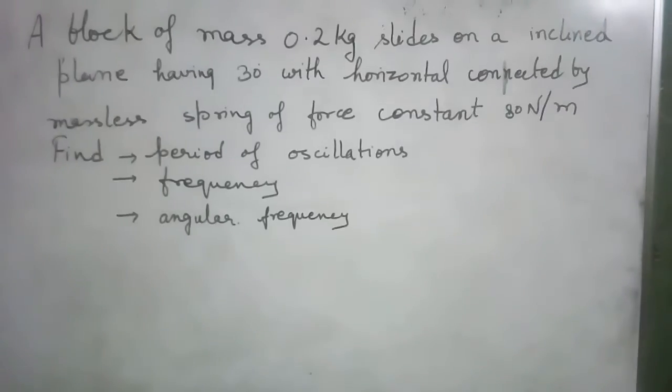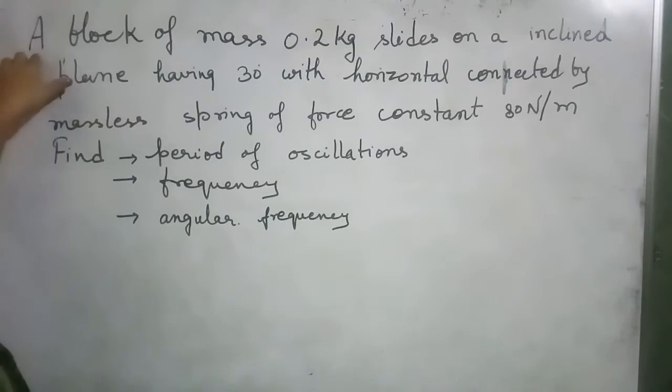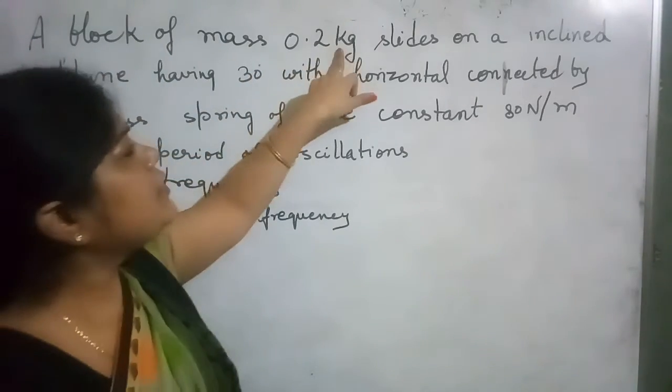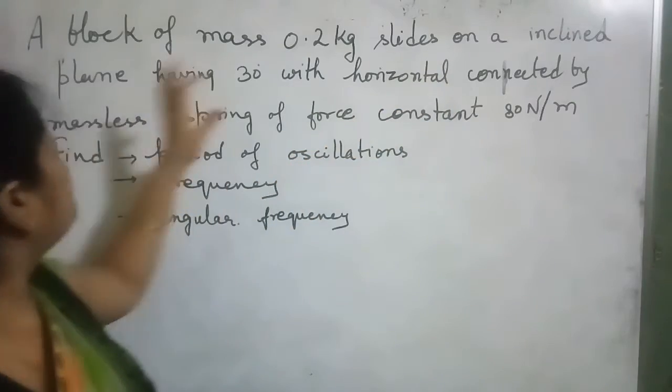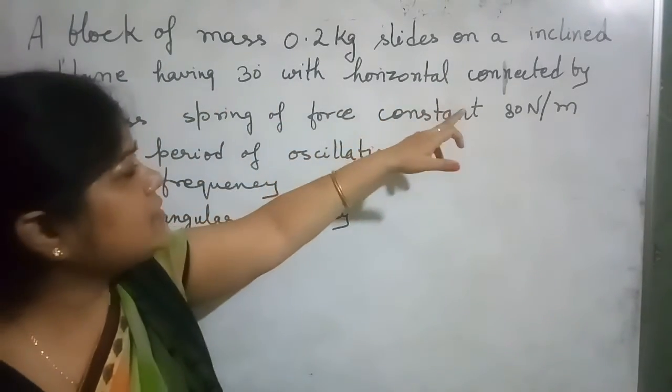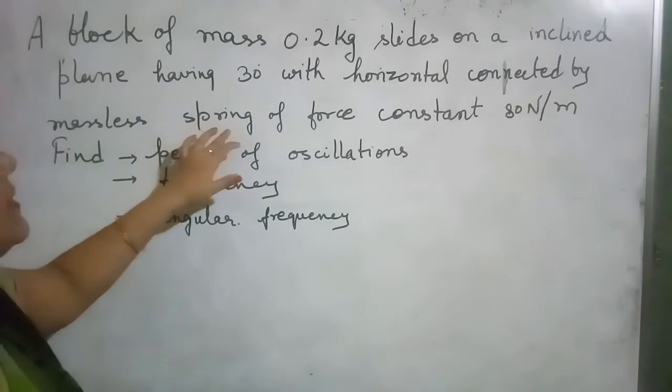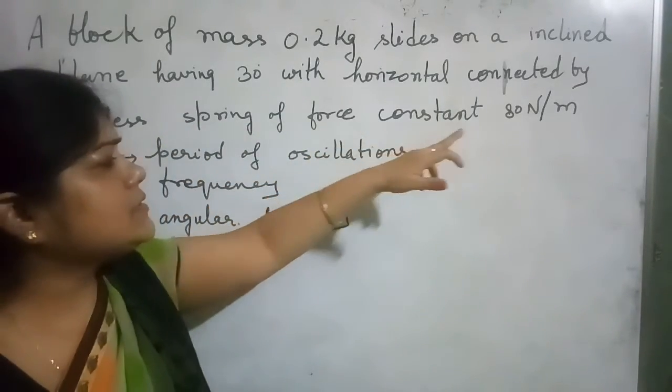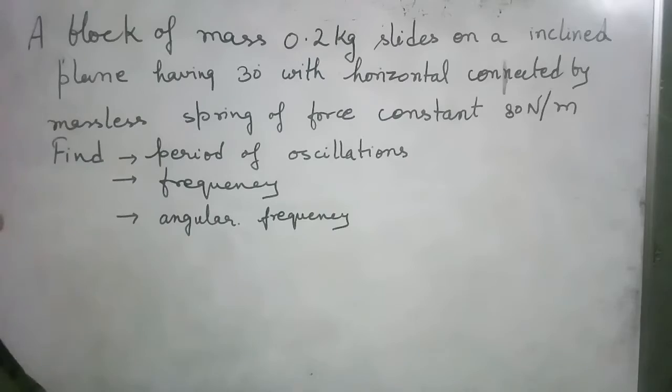Now I am going to take a question regarding these concepts. First question. A block of mass 0.2 kg slides on an inclined plane having 30° with the horizontal, connected by a massless spring of force constant 80 Newton per meter.